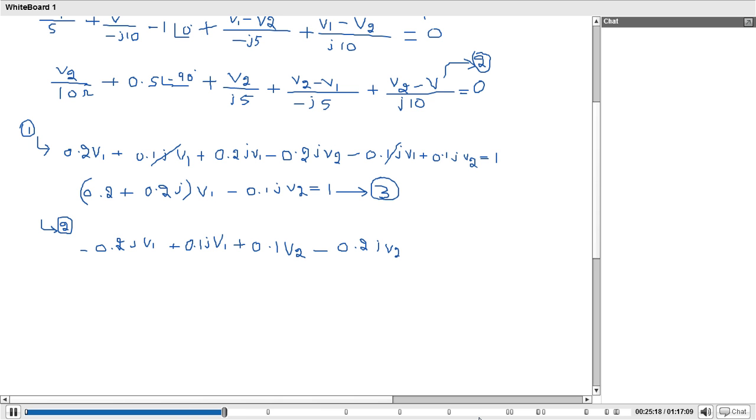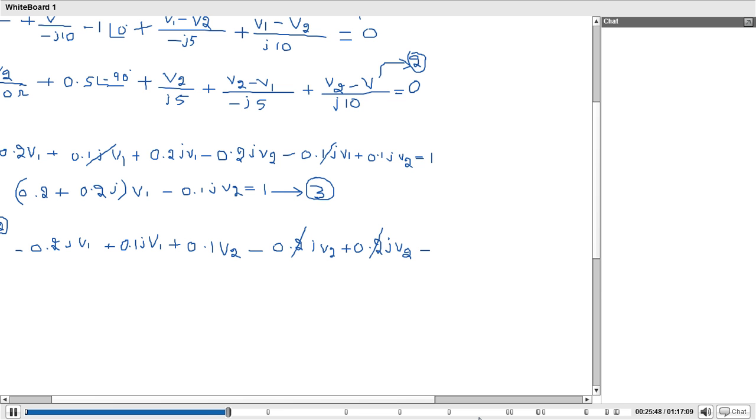So anyway these get cancelled, right? So 0.2 j V2. Anyway this get cancelled. Any other? Okay. And V2 term is here minus 0.1 j V2. So minus 0.1 j V2.